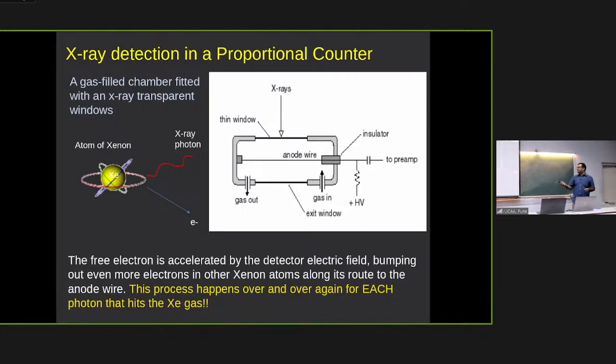And this process continues. So one photon initially generates one electron, but this electron, when it is accelerated towards this anode wire, generates a huge number of other secondary electrons. And those electrons are, of course, collected in the anode wire in the form of a signal, and finally these X-rays are detected. So that is the basic principle of the X-ray proportional counter used in the X-ray detector.